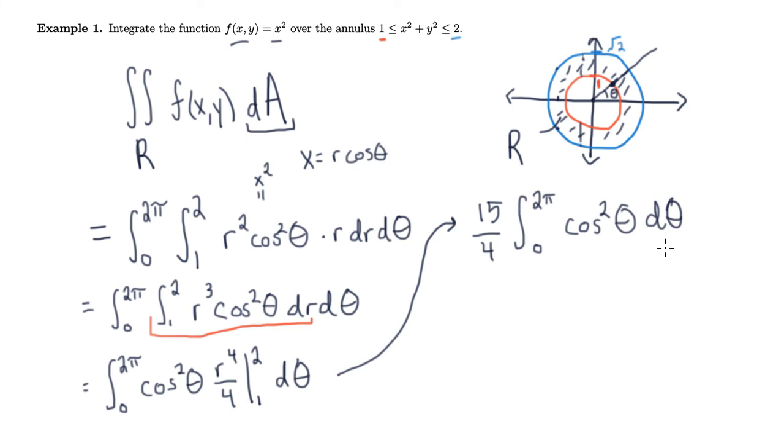Okay, so now I just have a regular old single integral. Now this one is a little bit tricky. How do you integrate cosine squared theta? Well, you need to use a trig identity.